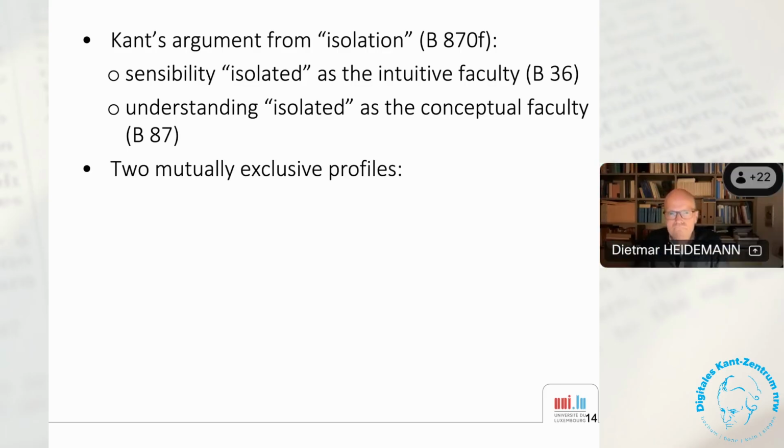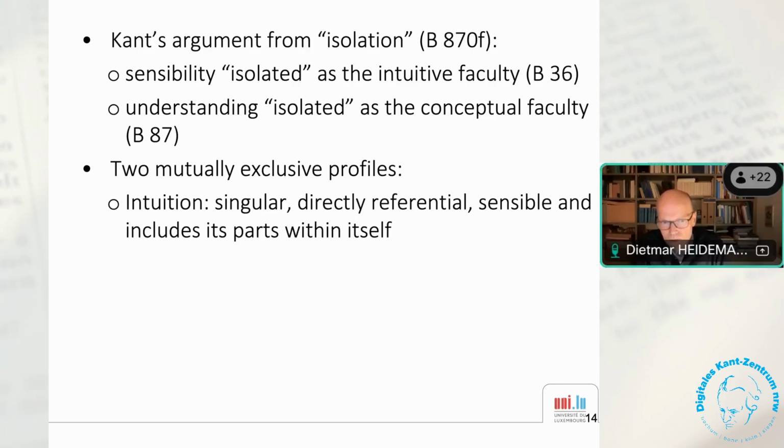So given this isolation that Kant carries out in the transcendental aesthetic and in the transcendental analytic, we have two mutually exclusive profiles pertaining to sensibility and understanding in the following sense. When it comes to intuition, we see in the transcendental aesthetic that Kant identifies intuition as being a singular representation; intuition is directly referential; intuition is, for human cognizers, sensible; and intuition includes its parts within itself.